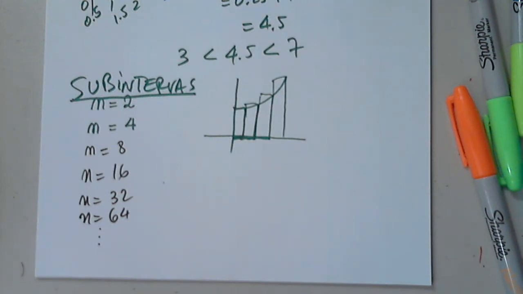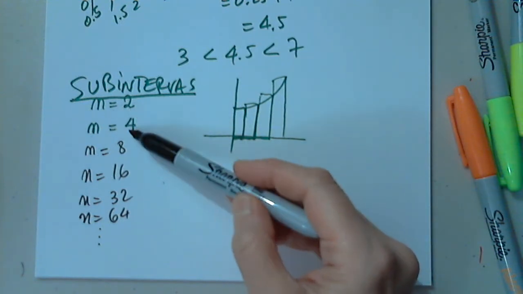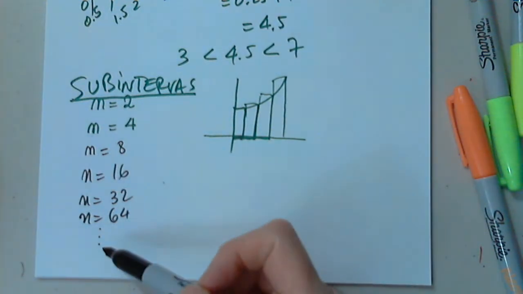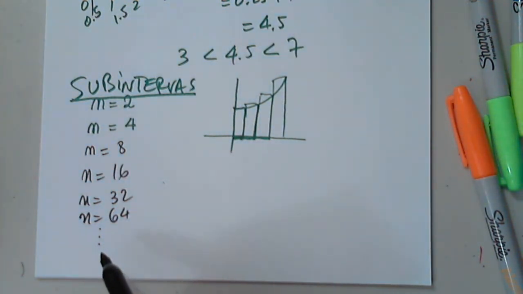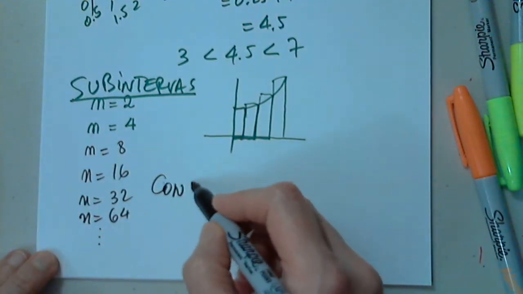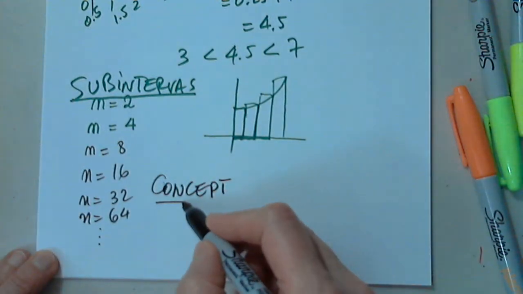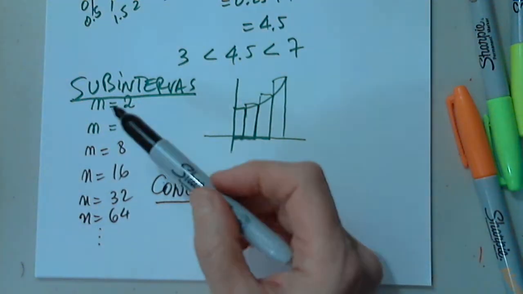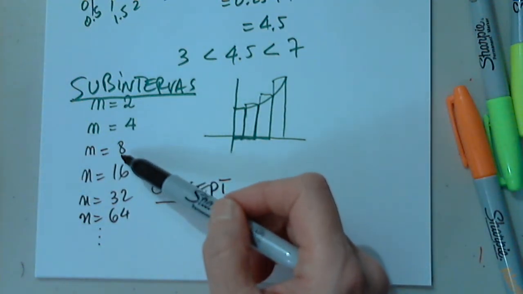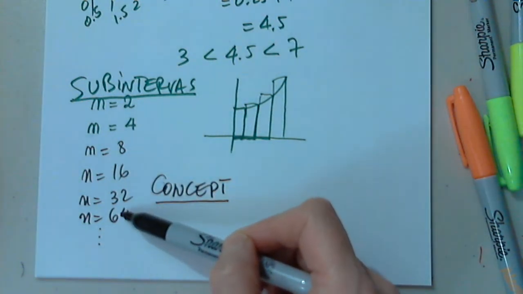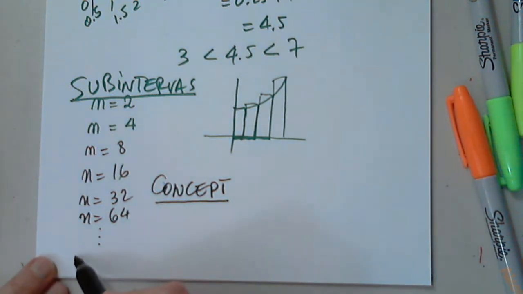Good. But what am I getting at? If I'm increasing n to 2, 4, 8, so on and so forth, what am I really getting at? What concept we studied in this class so far in which we increased to whatever? Infinity.